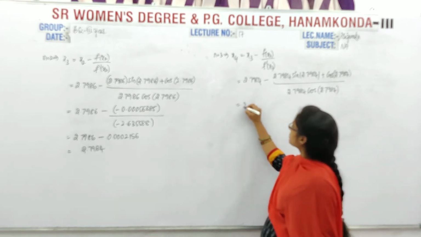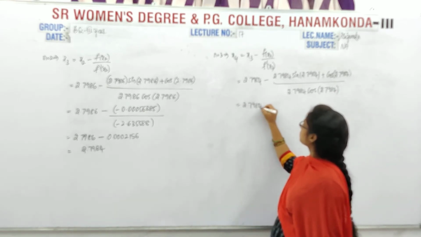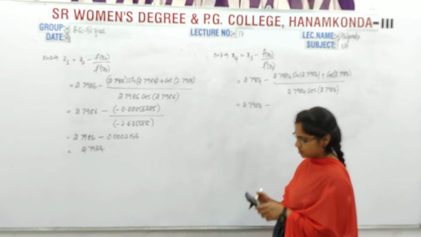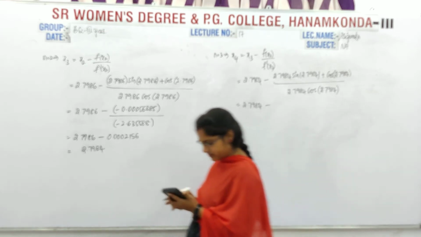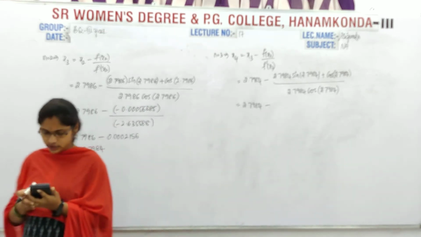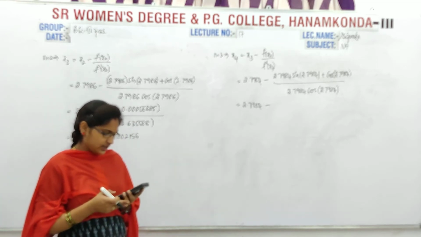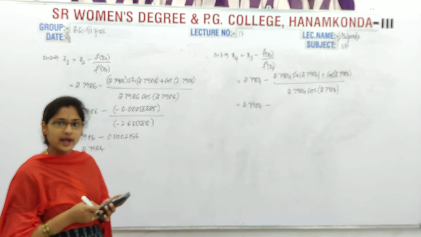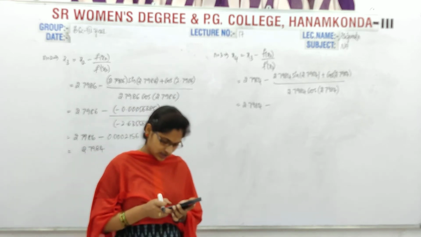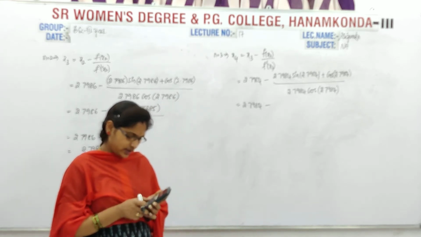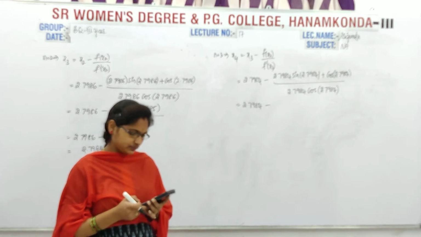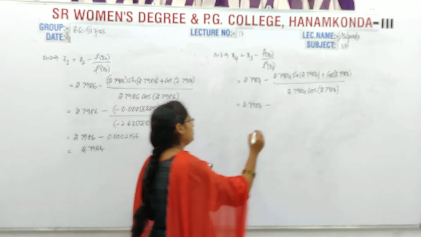Now calculate this. Now here 2.7984 into sine 2.7984, the value is 0.9416. I think you got it. Plus cos 2.7984. What is the value?